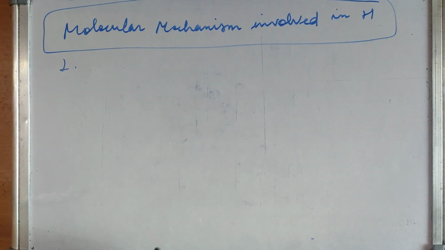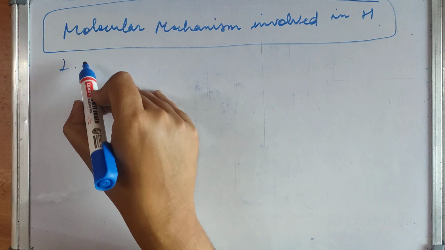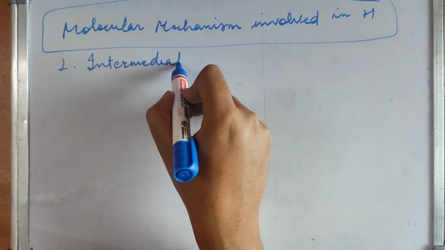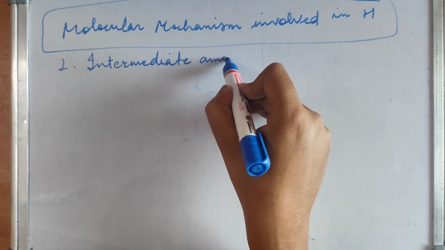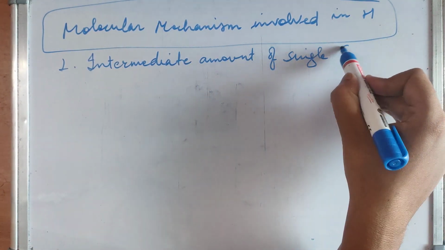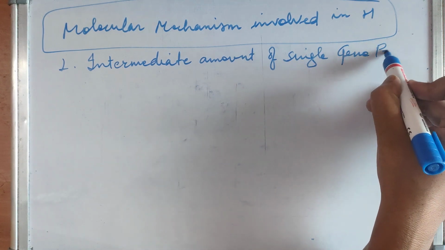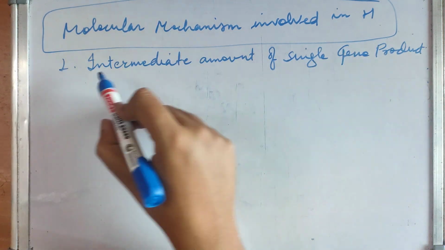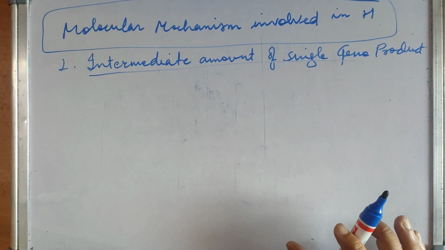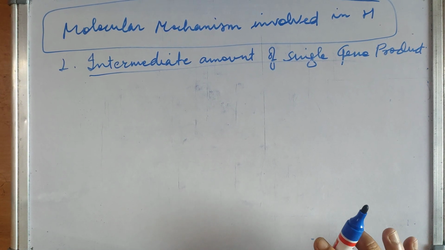The first point is intermediate amount of single gene product. Here we see that in some cases the heterozygote produces an intermediate amount of gene product.